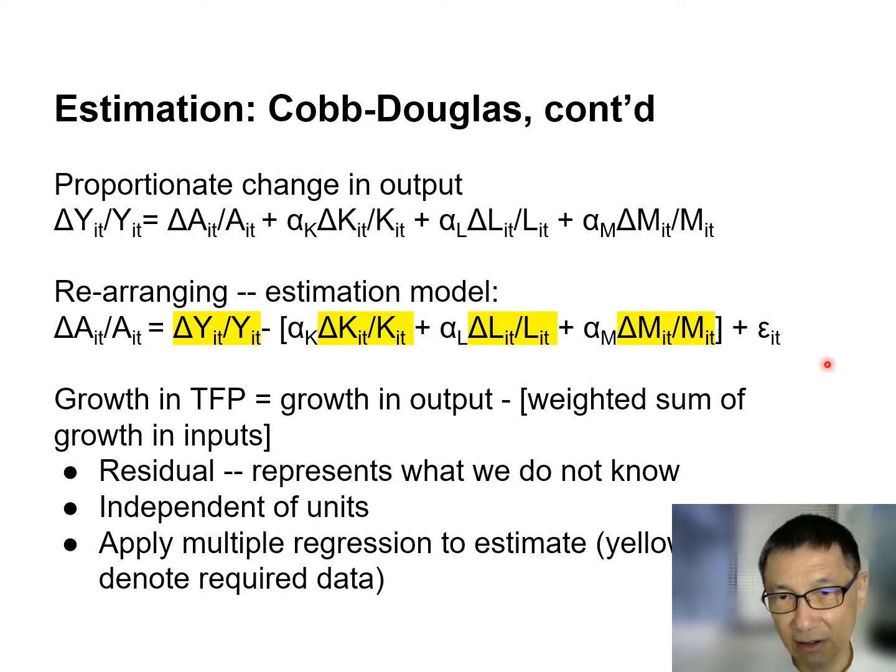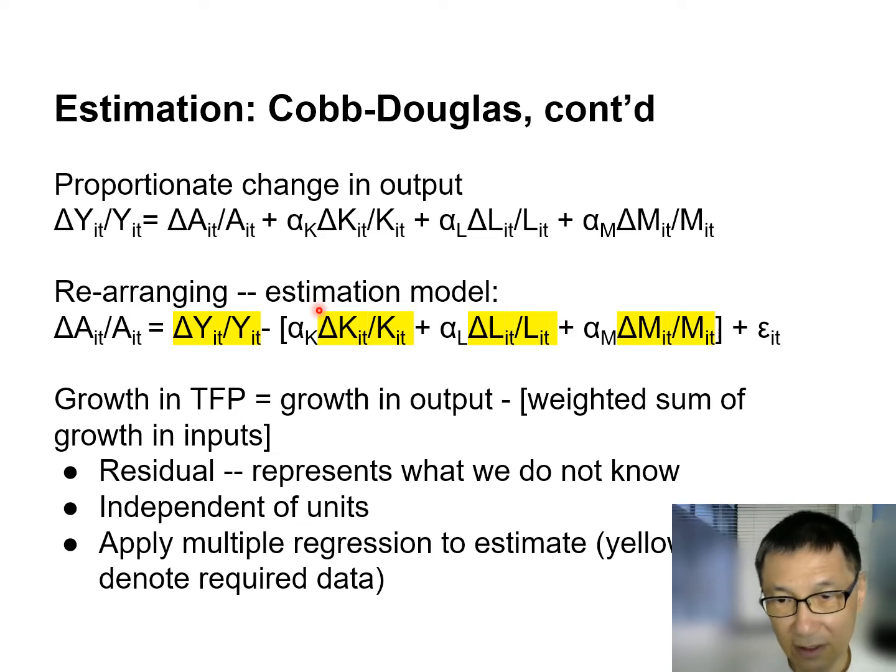Adding an error term, this becomes our estimation model. So in words, the growth in TFP, which is this proportionate change in total vector productivity, is the growth in output, which is this proportionate change in Y, minus the weighted sum in the growth of inputs, which is this.